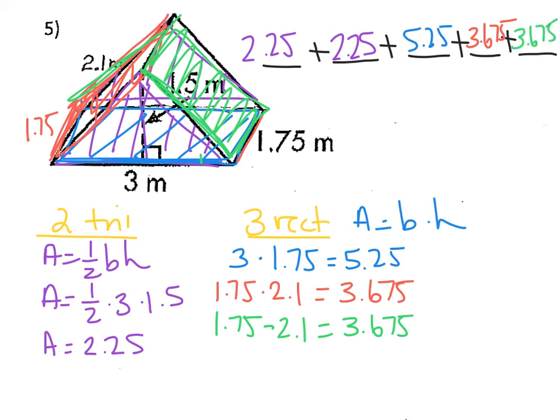So then the final thing we have to do is add those all together. So 2.25 plus 2.25 plus 5.25 plus 3.675 plus 3.675. And when you do that, you get 17.1, and this is going to be meters squared. So those are some examples of how to find surface area of a triangular prism.